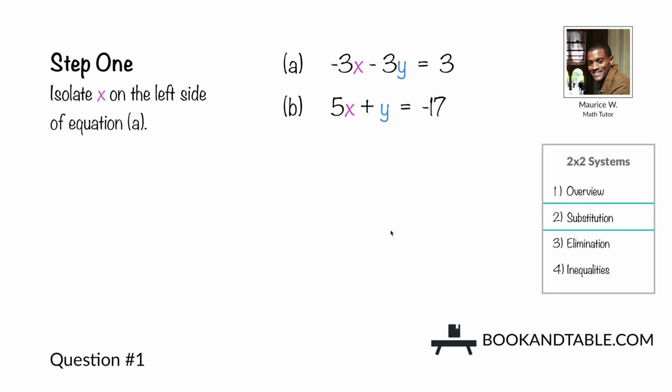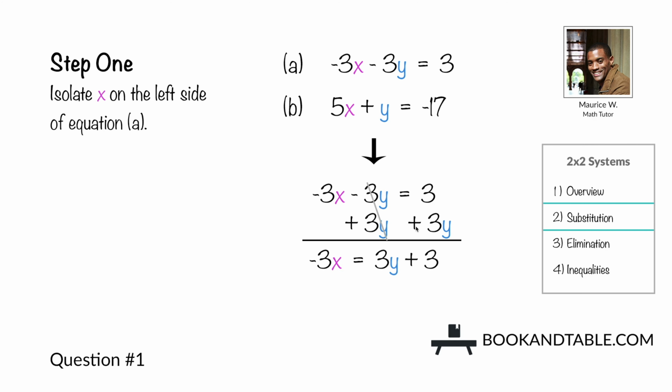Question number 1, step 1, isolate x on the left side of equation A. So equation A, we have negative 3x minus 3y is equal to 3. So we'll isolate x. We'll start off by adding 3y to both sides, giving us negative 3x is equal to 3y plus 3.